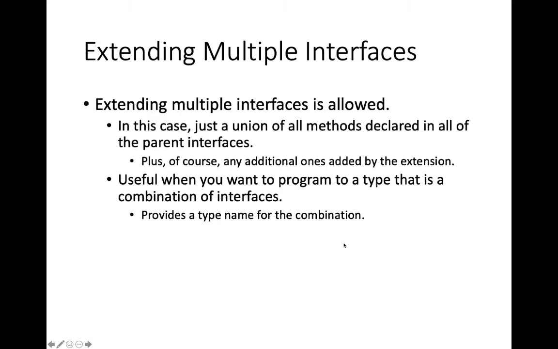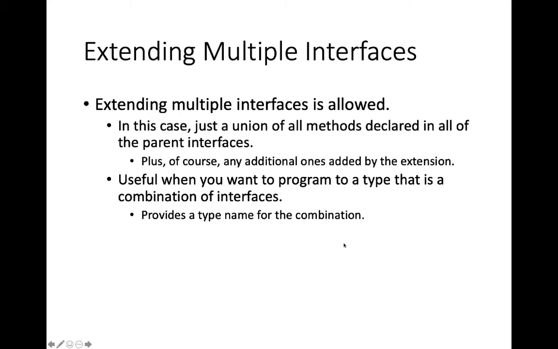And now you need a new type name for objects that specifically implement interface A, interface B, and interface C. It might be that I want that type name because I want to develop a method where I'm going to accept a parameter, and I'm going to rely on that object having all three of those interfaces implemented.